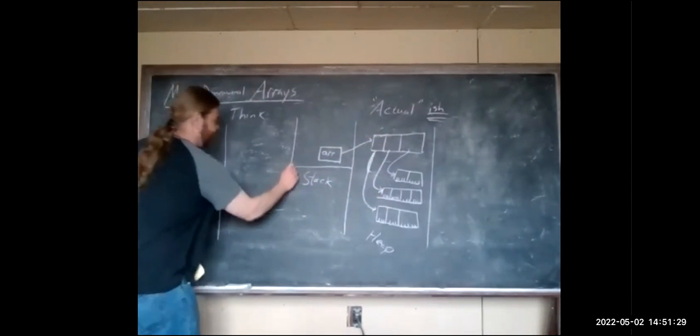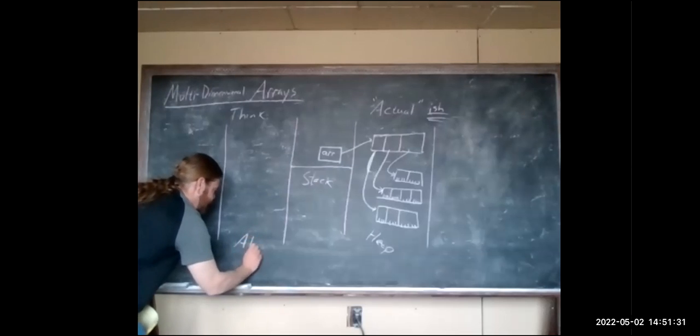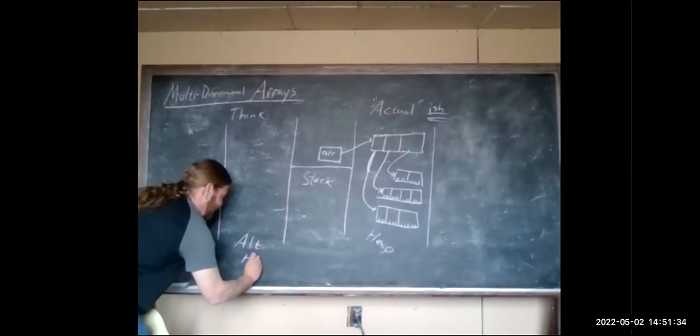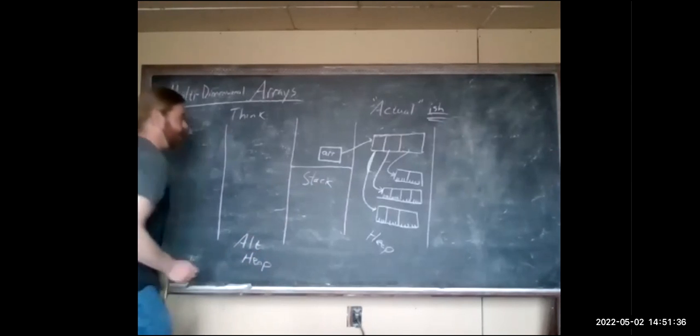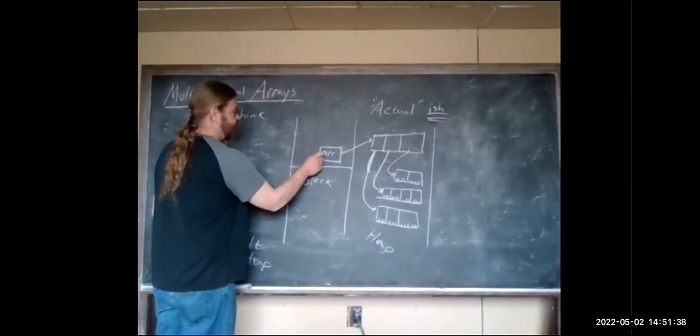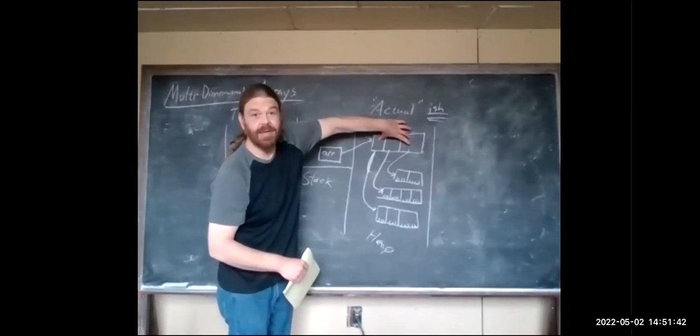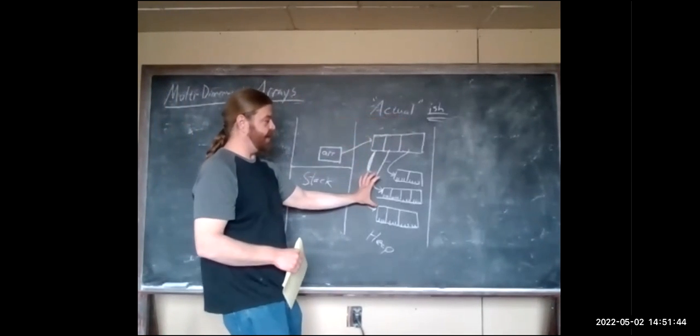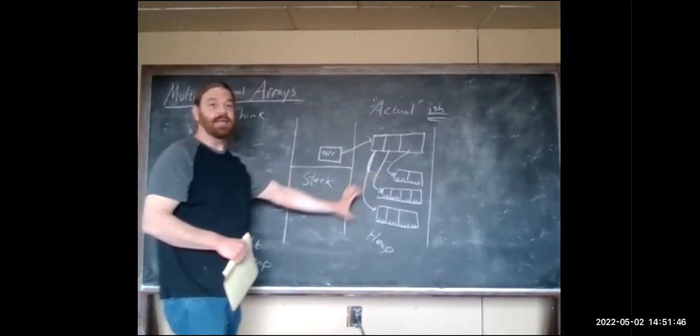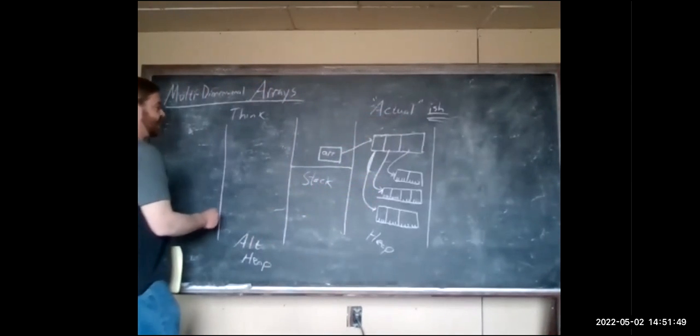So I'll draw an alternative heap over here, to show the way we would think about it. Basically most people, if we turn this one sideways, we get what we think of as a table.